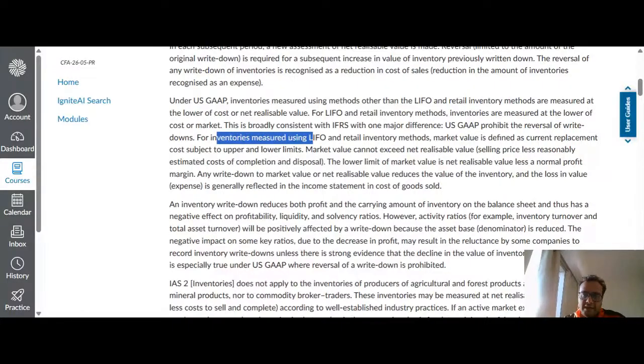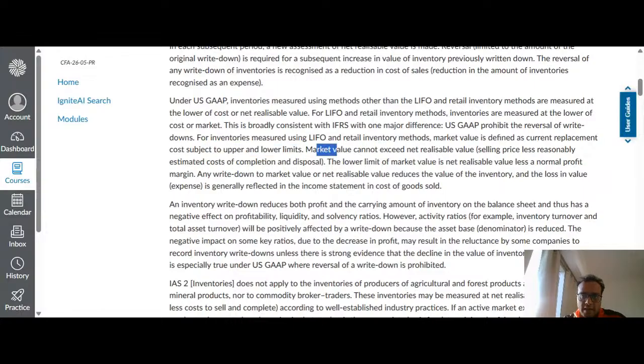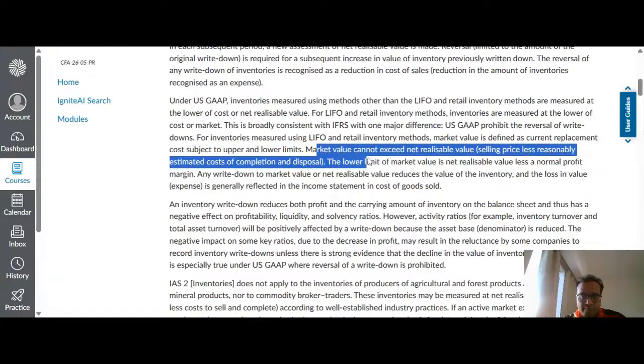For inventories measured using LIFO and retail inventory method, जब आपने inventory measure किया है LIFO, the market value is defined as current replacement cost subject to upper and lower limits. The market value cannot exceed net realizable value.